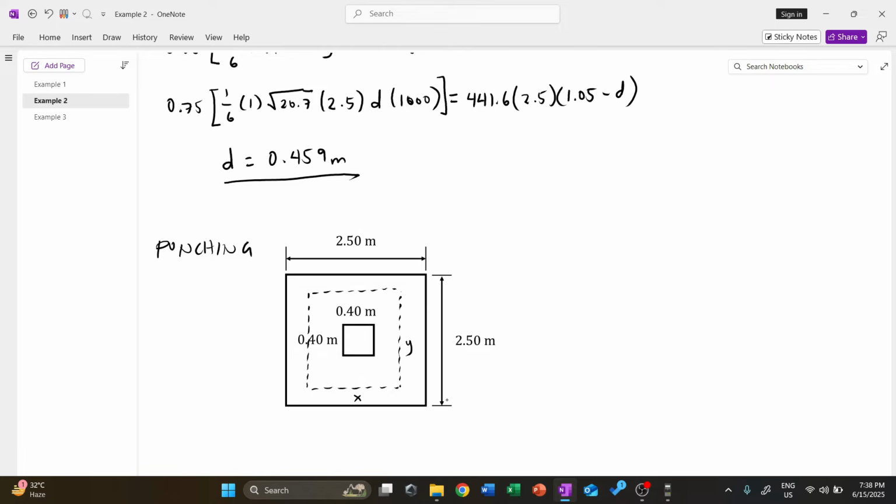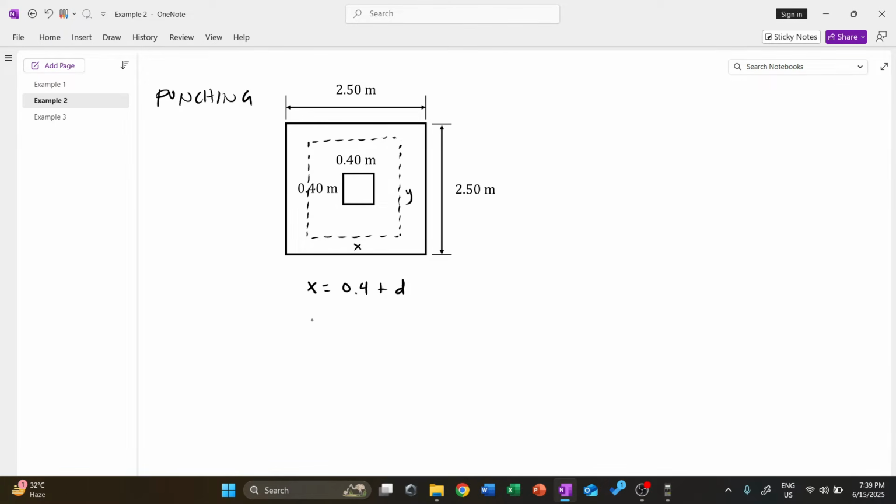Again, this is square, so x is equal to y. d over 2 distance here, d over 2 distance here on the left. So we can say that x is simply the column dimension plus d over 2 plus d over 2, or simply plus d. Our y is the same: 0.4 plus d.